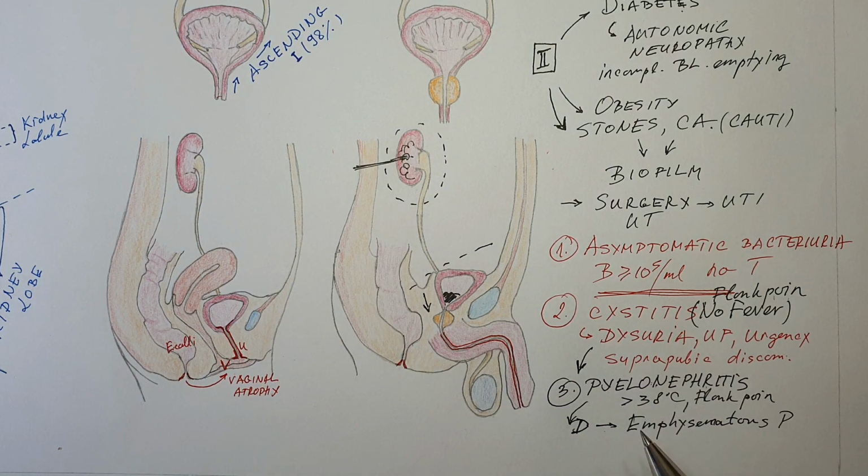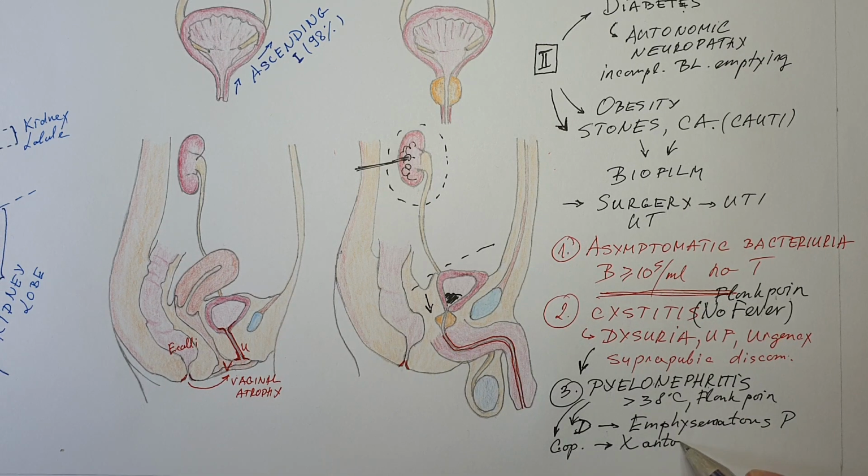The second bad complication happens if you have chronic obstruction. Chronic obstruction can lead to a disease called xanthogranulomatous pyelonephritis.